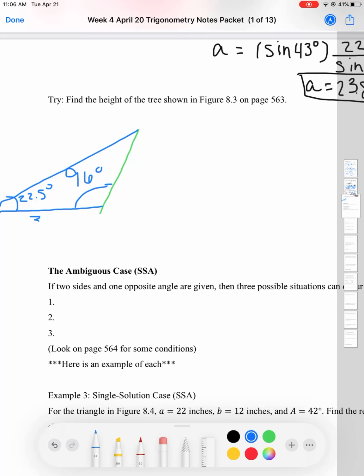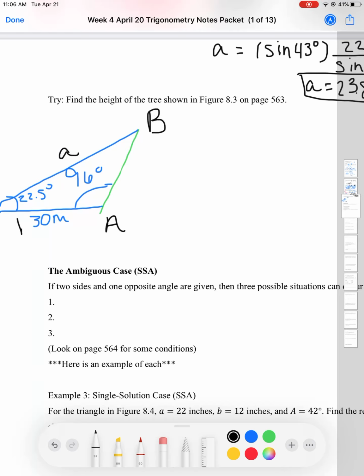This says it's 22.5 degrees. It says that this piece of horizon is 30 meters. And we want to find the height of the tree. I really hope that you guys pause me and try this. You might want to relabel this as A, B, and C instead of H, and that's totally fine.